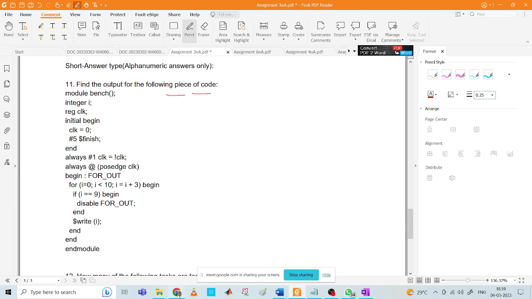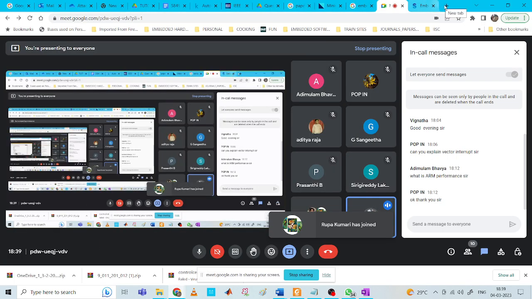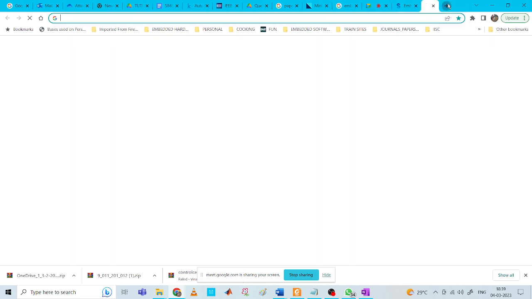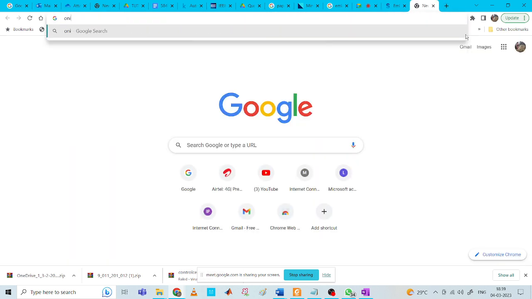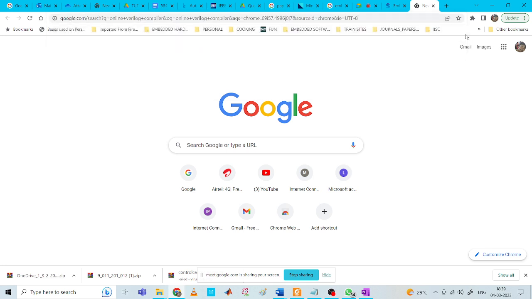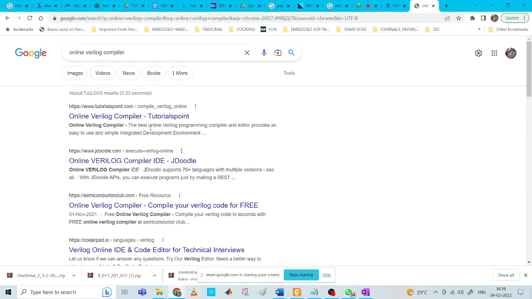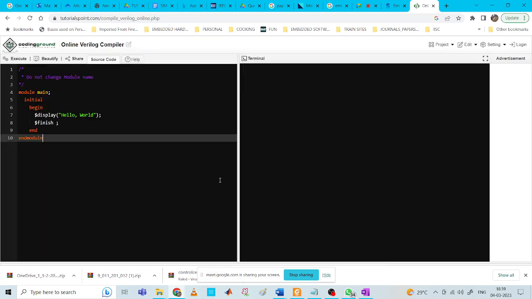There are many things. For example, let's say there is something called, if you let's say, use this. This is very good. Okay, online Verilog compiler.